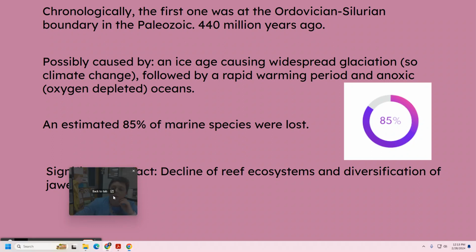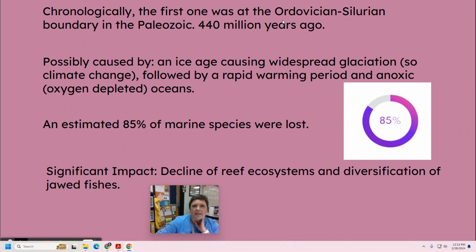Okay, so chronologically, the very first one was at the Ordovician-Silurian boundary in the Paleozoic. This is the oldest one, or the first one, and it was 440 million years ago. It was possibly caused by an ice age causing glaciation. So that would be climate change.